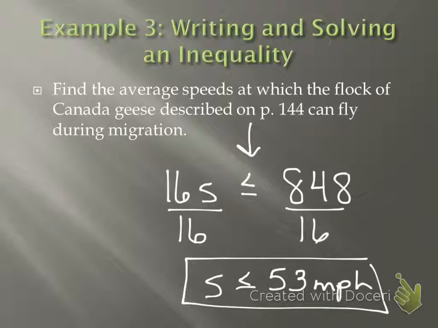But for your verbal sentences on your homework, guys, here's the hint that I'm going to give you: try to put in a real life example. All right? So if your parents told you that you could spend no more than $20 at the mall, what inequality is that going to be?